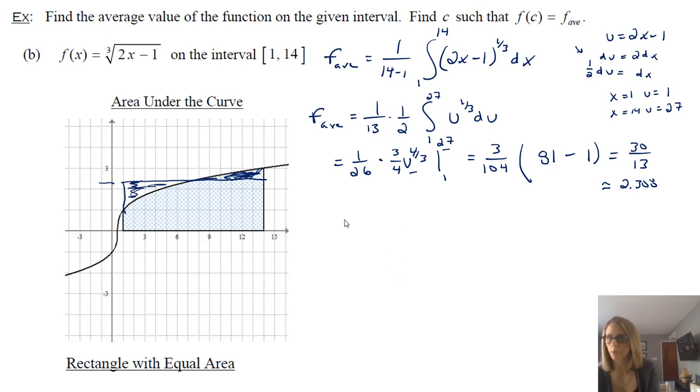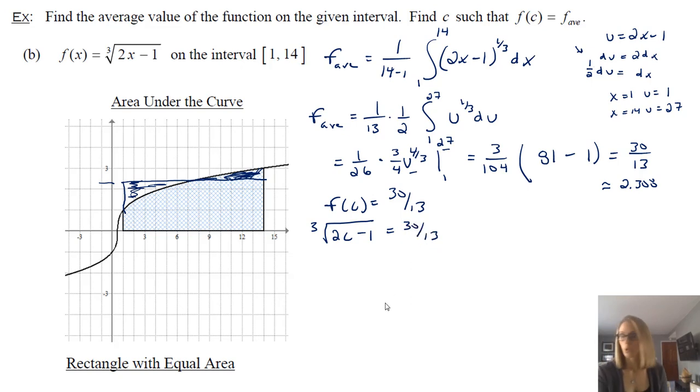What's the c value? So if we do f of c equaling 30 over 13, we just put in c, so we're going to have the cube root of 2c minus 1 equals 30 over 13. Now, in order to get rid of the cube root, we need to cube it. So that's going to give us 27,000 over 2197.